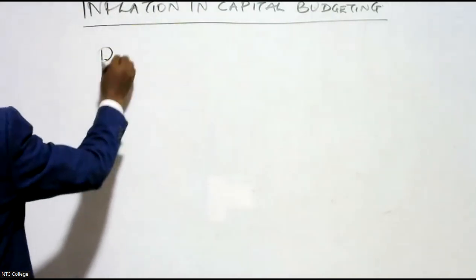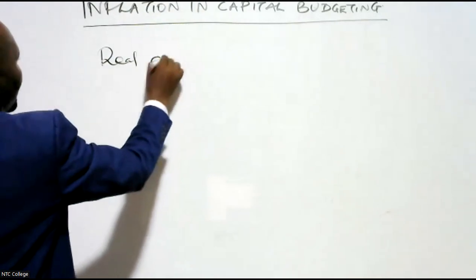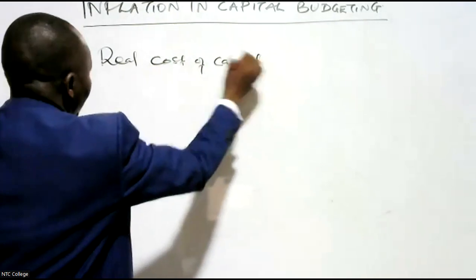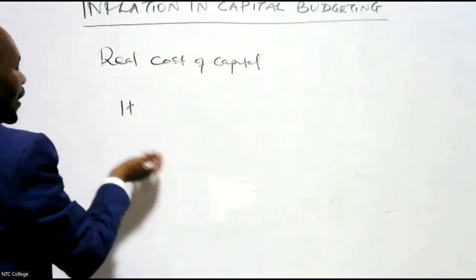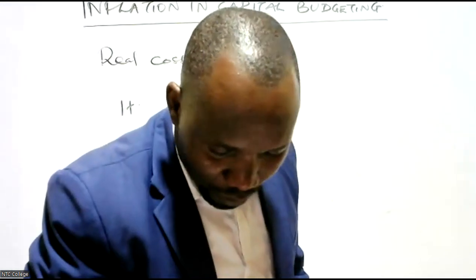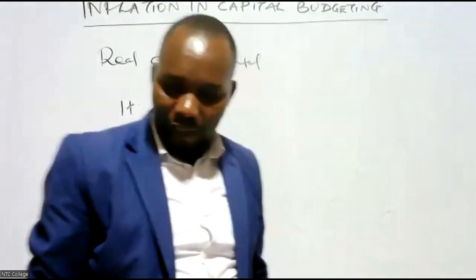So real rate of return or cost of capital. So that means that we need to know already our rate of return or cost of capital is already in real, sindio? So we don't need to convert it.